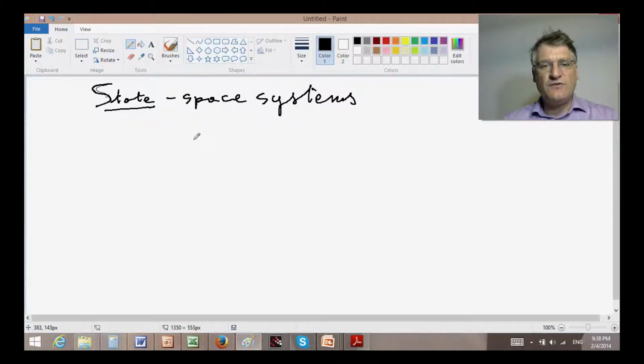However, for today's purposes, let us simply jump into the definition of a state space system. So a dynamical system in state space looks like this.